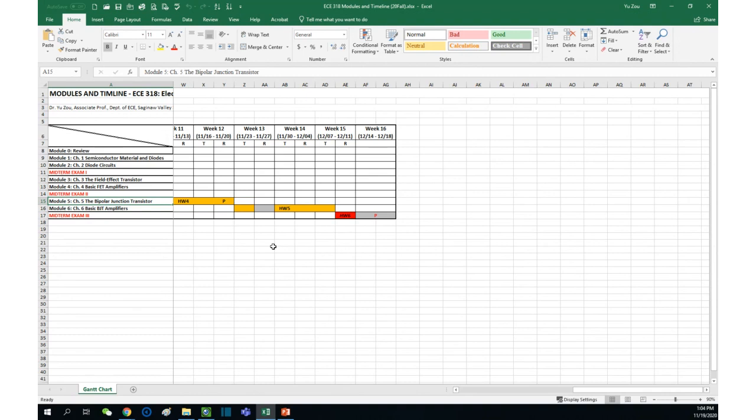So pay enough attention, put enough time into it, simulate them in Multisim, and then write a report. If you have any questions, just shoot me an email, or some students prefer to leave a message in Teams. That's fine too.